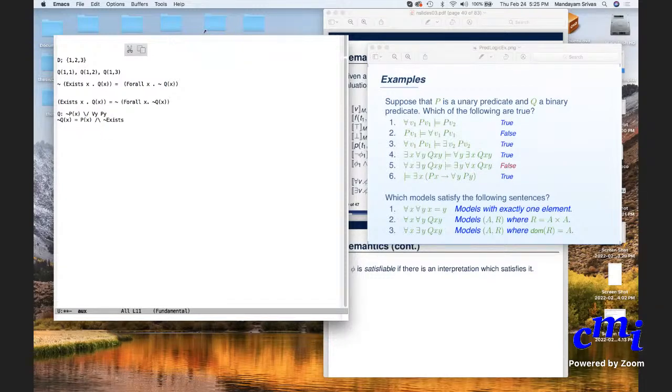No, it should be there exists y such that not of p of y. Yeah, you take the negation of that, which will be exists y such that not of p of y. Okay, so this is what he would have in this.